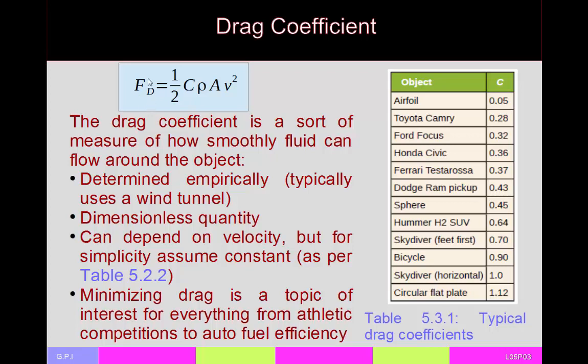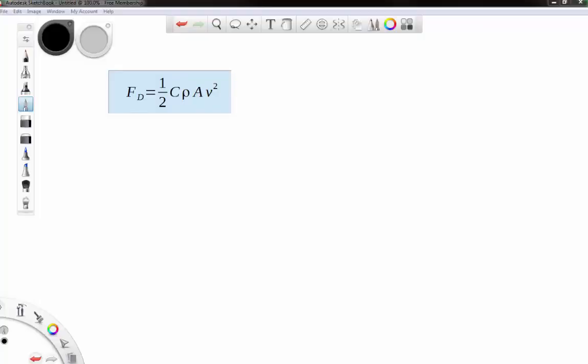So this is force that's in newtons, that would be in kilogram meters per second squared. So this thing right here is in kilograms per meter cubed. This right here is in meters squared, and this is in meters squared per second squared. So let's do a little dimensional analysis.